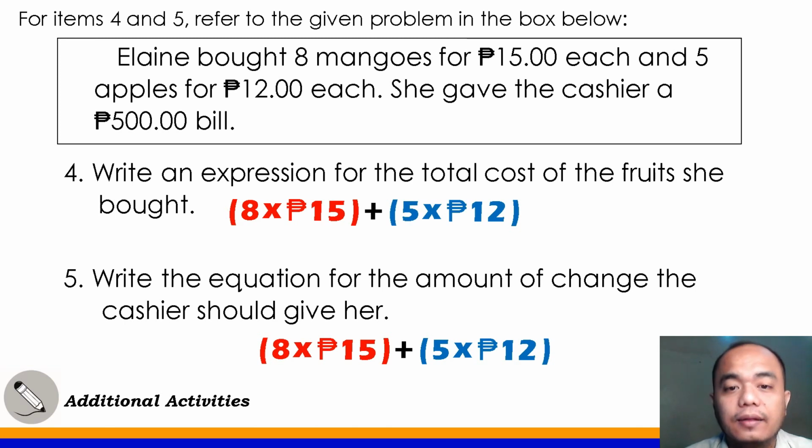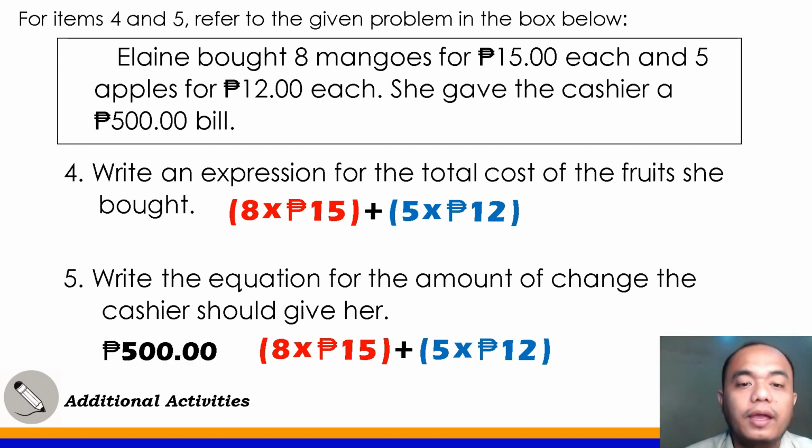Magkano ba lahat? Now, we have here 500 pesos. Yan yung amount na binigay niya sa cashier. Yung 500 pesos na yan, siya yung minuend natin. So we have here minus kasi babawasan yan sa kanyang mga biniling prutas. And then equals n. This n will represent the change of Elaine from her 500 peso bill.